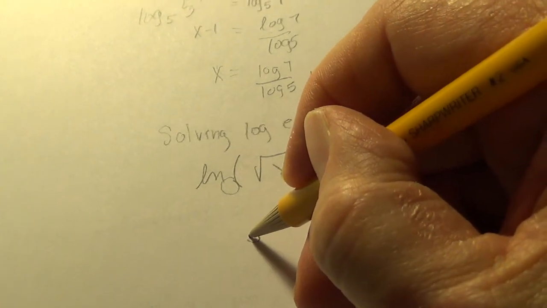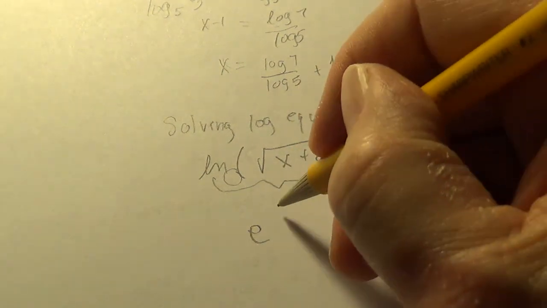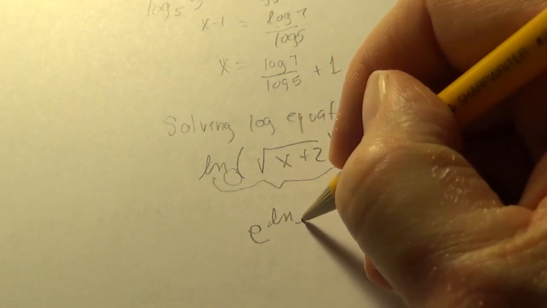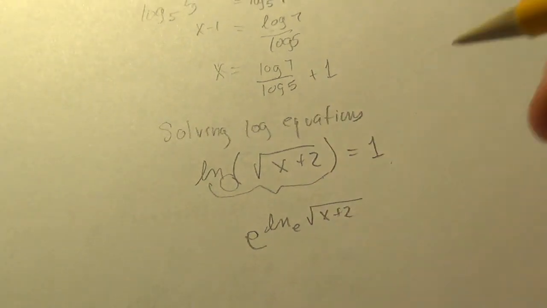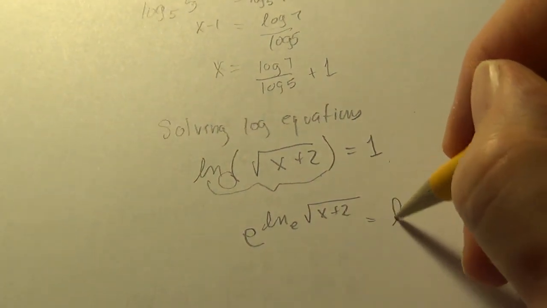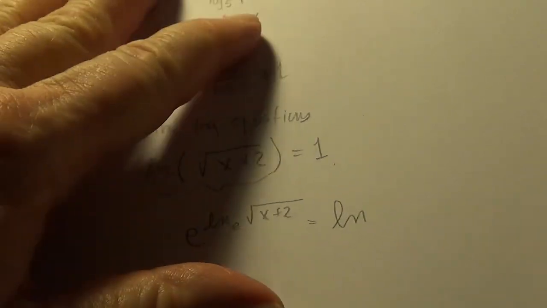So I'm going to take e and raise it to this whole thing. e to the ln, that's base e, square root of x plus 2 equals e to the 1. Sorry, exponentiating it.